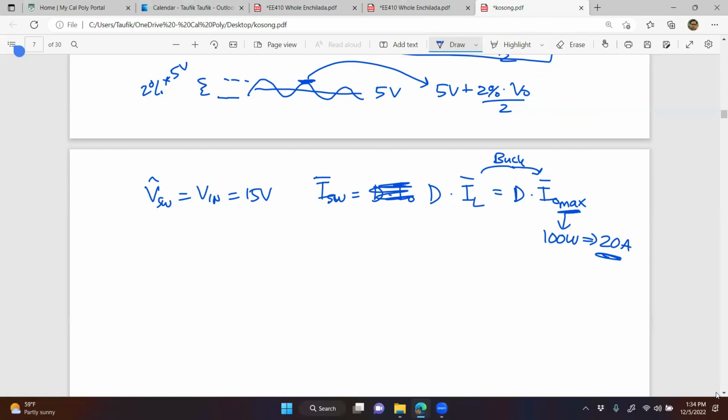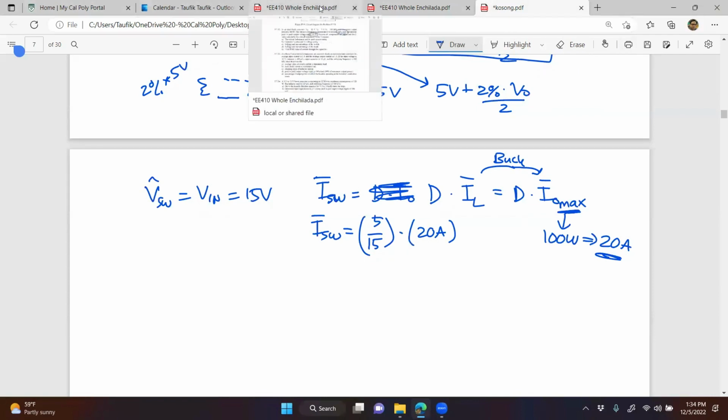Yes. So therefore, I switch average is equal to the duty cycle, which is 5 over 15, times I out max, which is 20 amps. Any question on that?